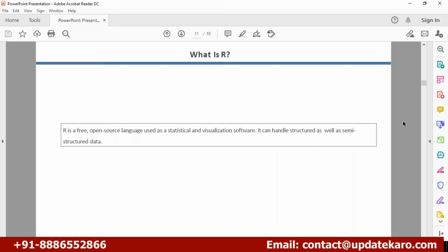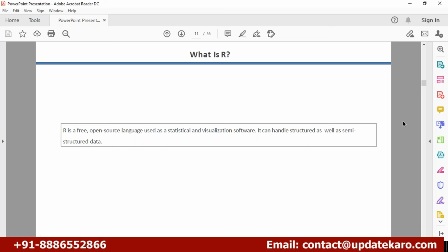Is that fine? So now we'll see the advantages of R. R is a free, open source language used as statistical and visualization software. It can handle structured as well as semi-structured data. So the first advantage is that R is an open source language.